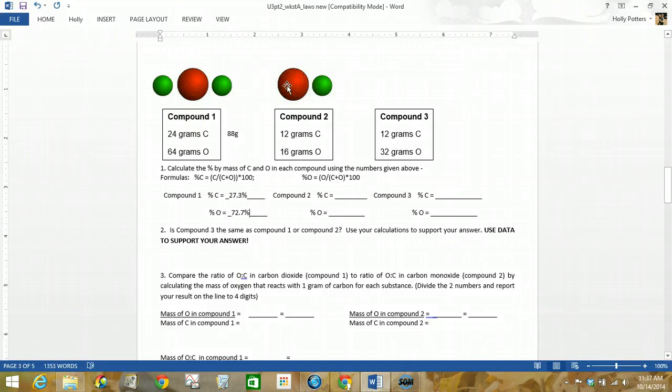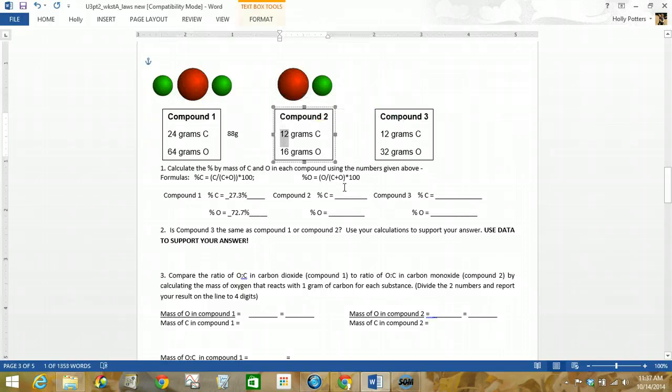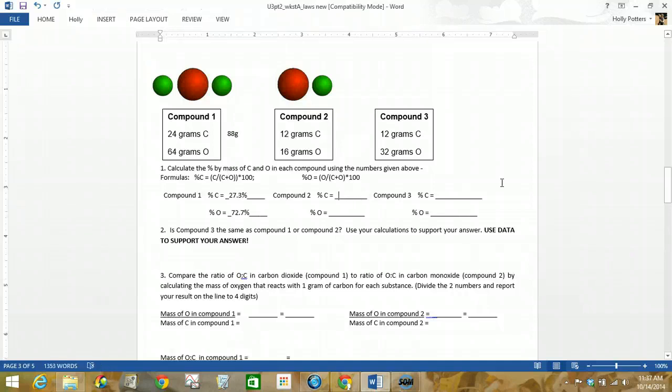So we're doing the same thing for compound 2. We're given this mass data, so we have 12 grams of carbon and 16 grams of oxygen, so that's going to add up to 28 grams for our total mass. And so again, if I'm finding the percent for carbon, there are 12 grams of carbon divided by the 28 grams, and so right here that's going to give us a 42.9% composition for carbon.